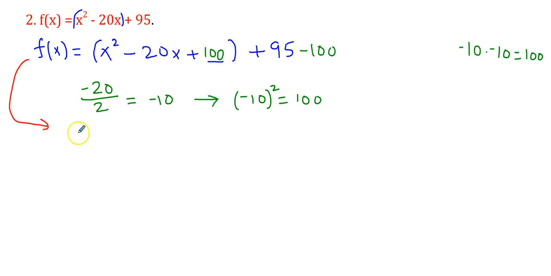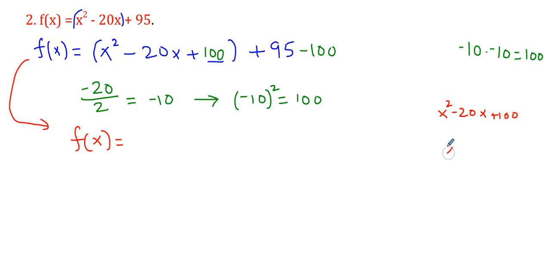What next? That becomes f of x is equal to x square minus 20x plus 100.